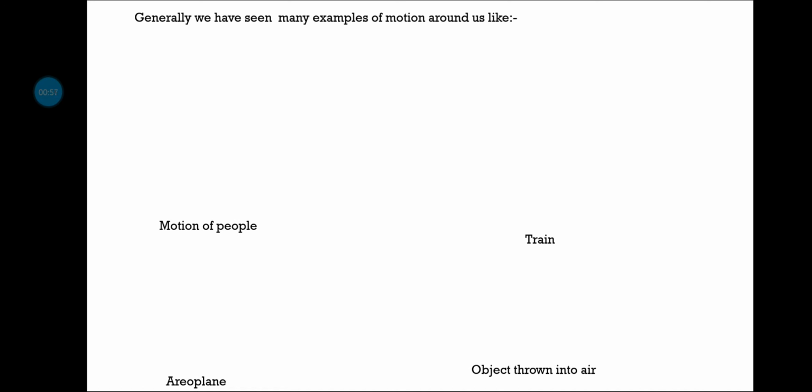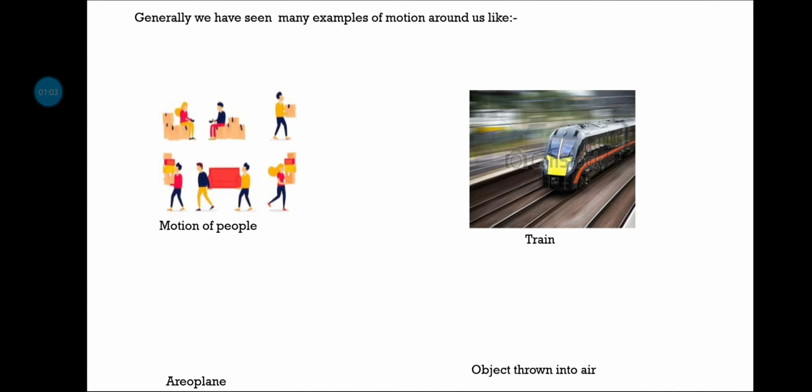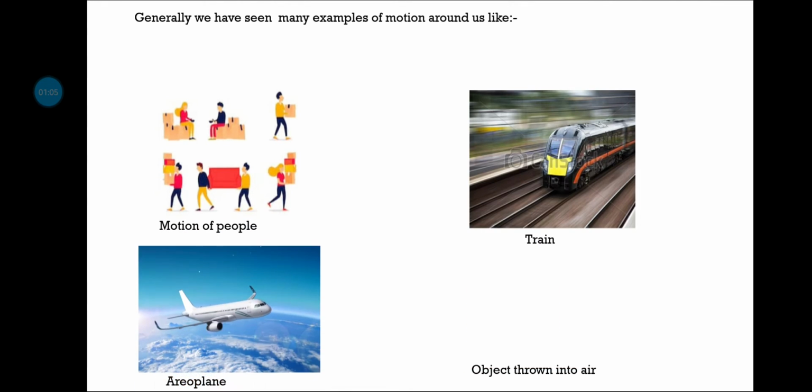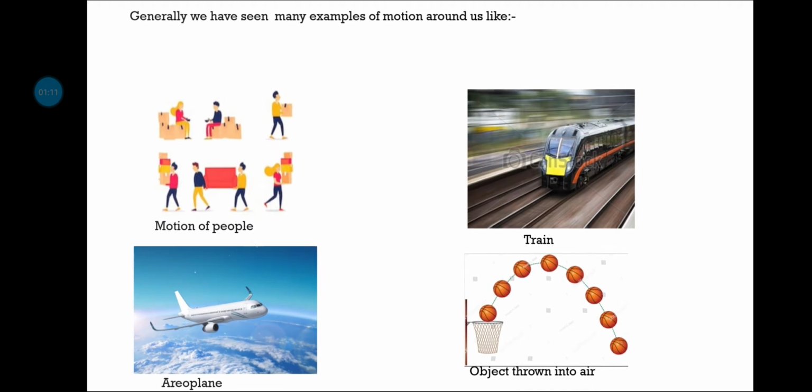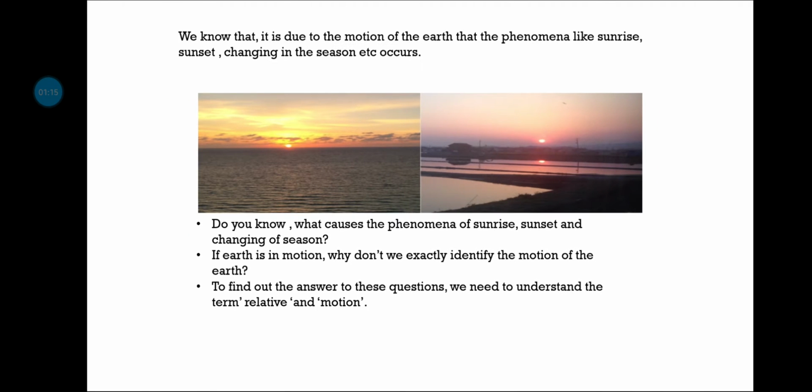Generally we have seen many examples of motion around us, like motion of people, motion of train, motion of aeroplane, objects thrown into air. We know that it is due to the motion of the earth that phenomena like sunrise, sunset, changing of the season, etc. occur.